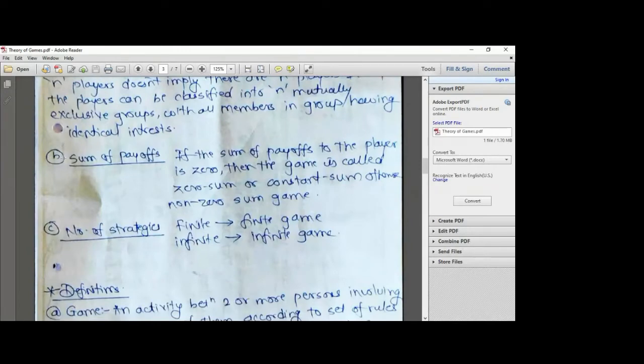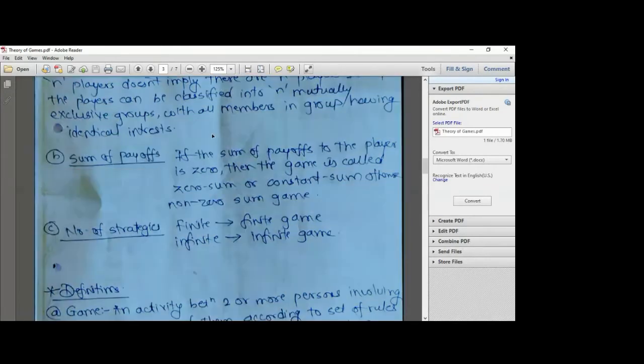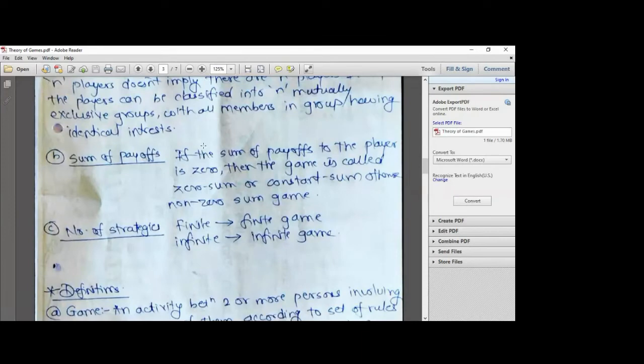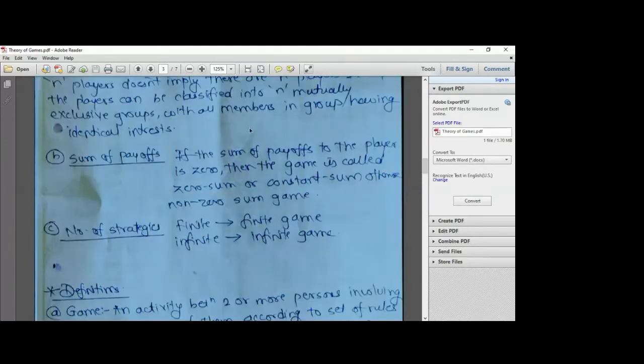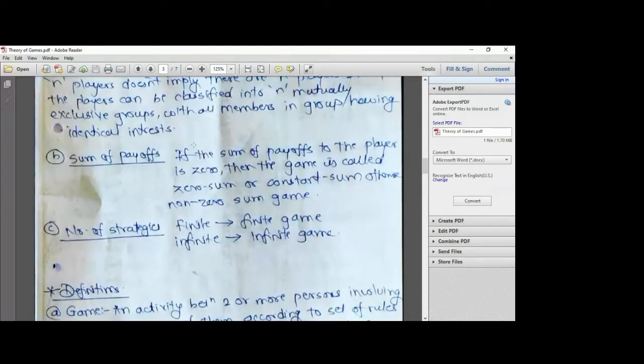Sum of the payoffs. If the sum of the payoffs to the players is 0, then the game is called a zero-sum game. Otherwise, it is called a non-zero-sum game.